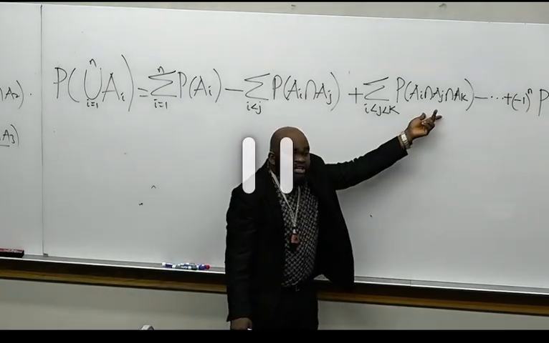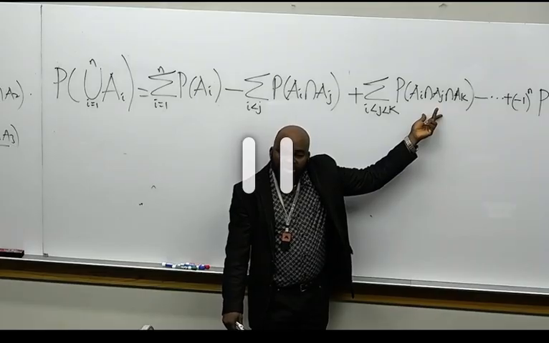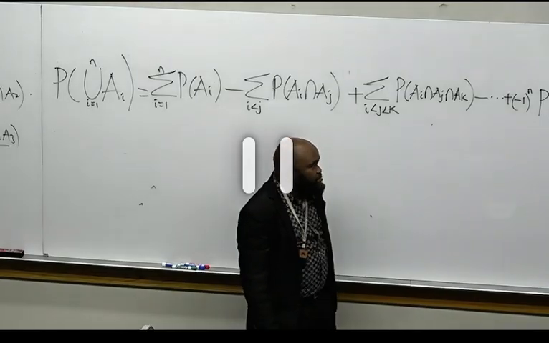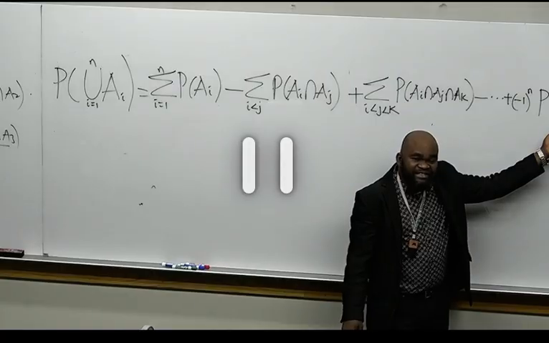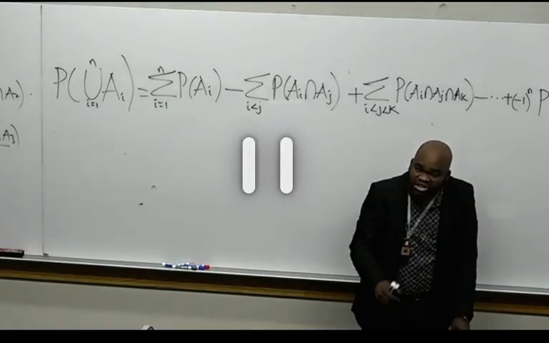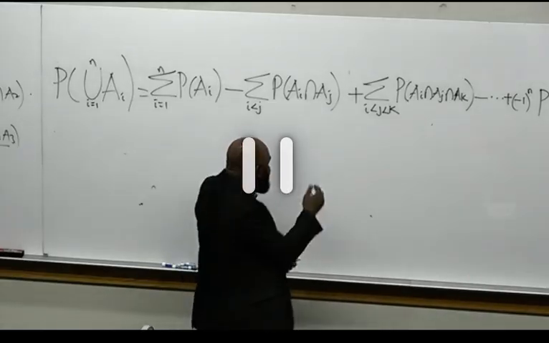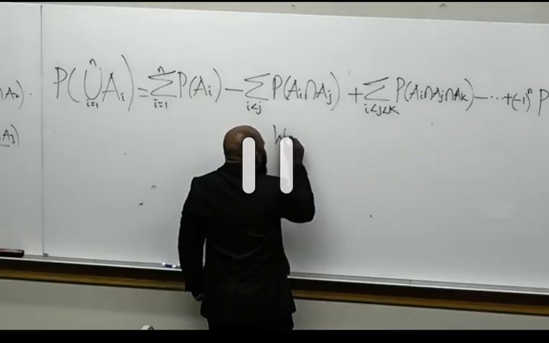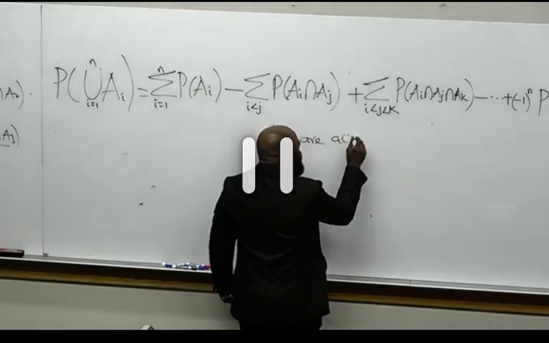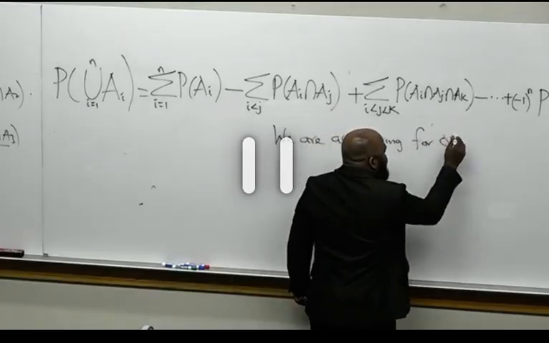Then I need to add the higher order overlaps, because these were subtracted so many times. This is an alternating series, until all the overlaps are accounted for.